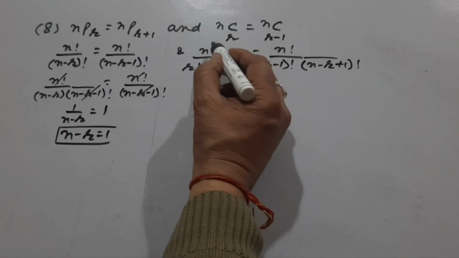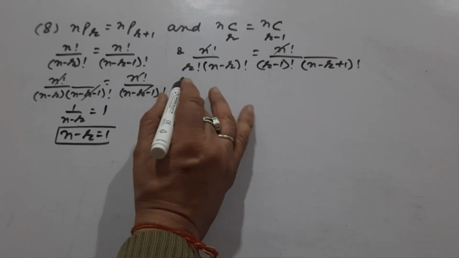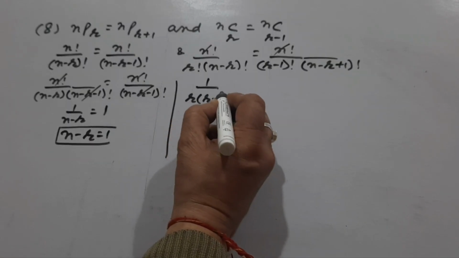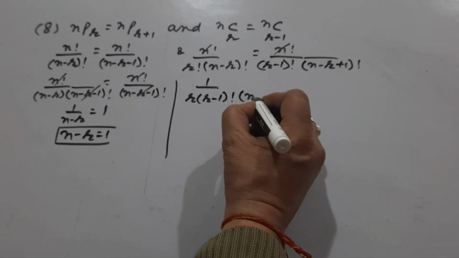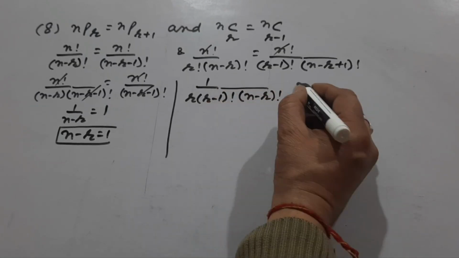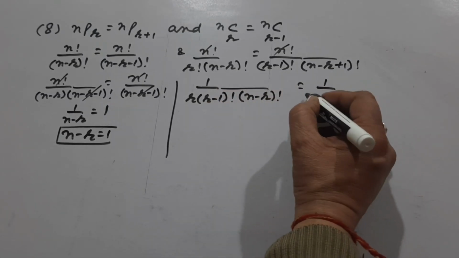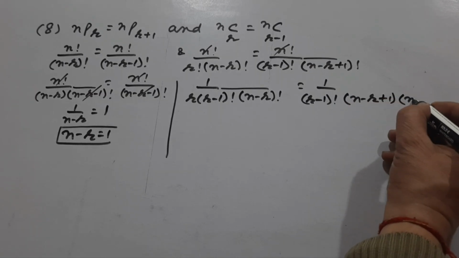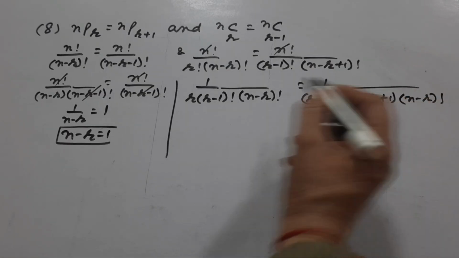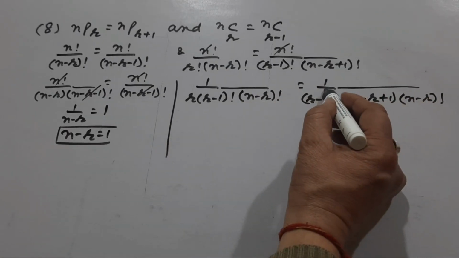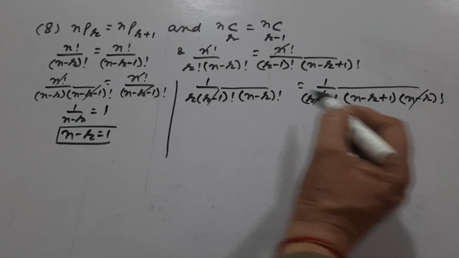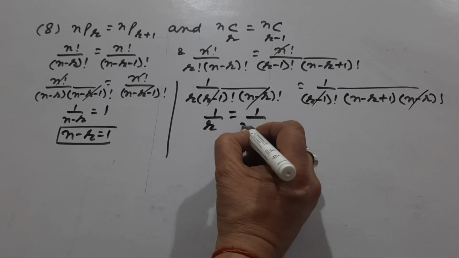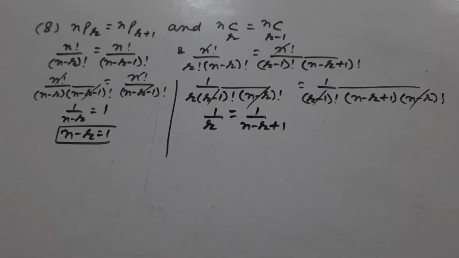And similarly over here, cancelling n factorial with n factorial, so we get 1 upon r into (r minus 1) factorial, (n minus r) factorial, equal to 1 upon (r minus 1) factorial, (n minus r plus 1) into (n minus r) factorial. Now cancelling (r minus 1) factorial with (r minus 1) factorial, and (n minus r) factorial with (n minus r) factorial, what we get: 1 upon r equals 1 upon (n minus r plus 1).